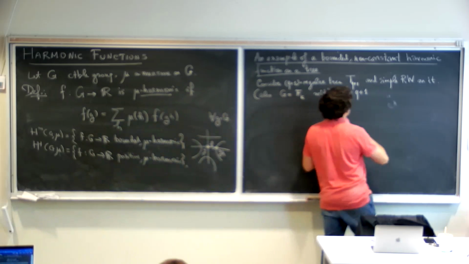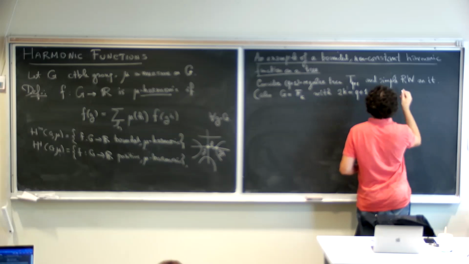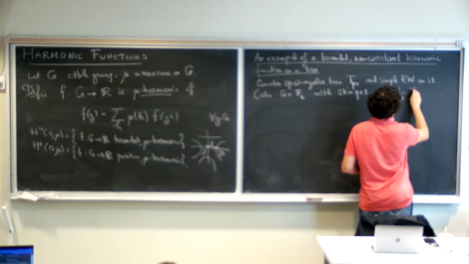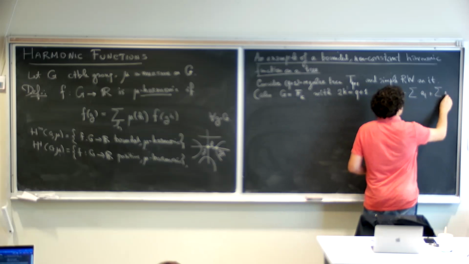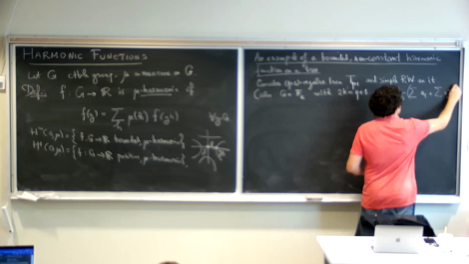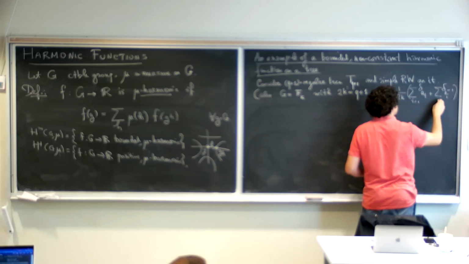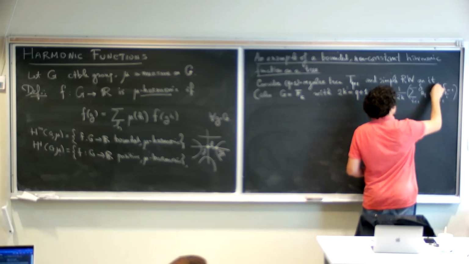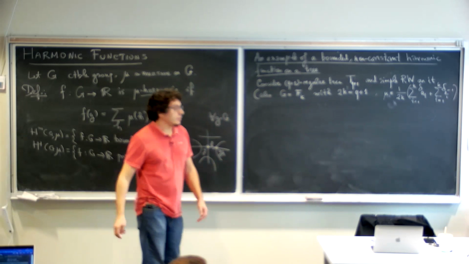And where mu is the uniform measure, so 1 over 2k times the sum of delta a_i plus the sum of delta a_i inverse. So we're taking the measure on the standard generators.